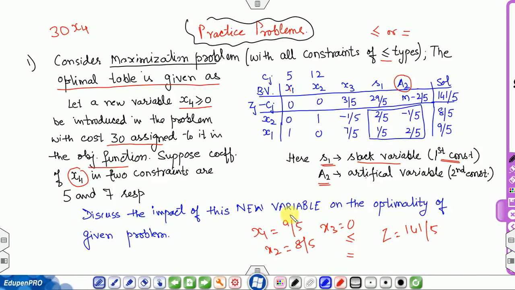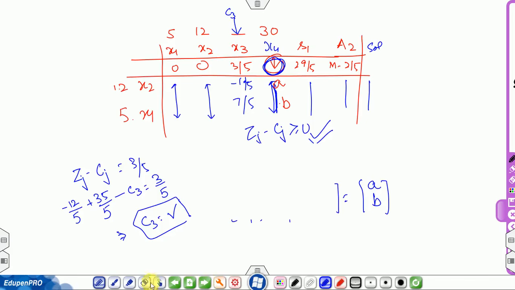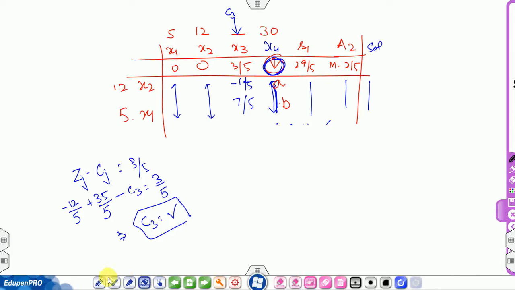Once you solve it, is there any impact of that? If x1 is changed, then there is an impact, otherwise not. So I just write the answer of this problem here.